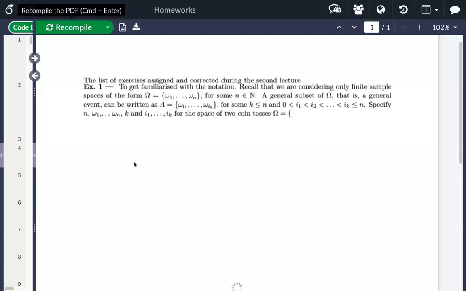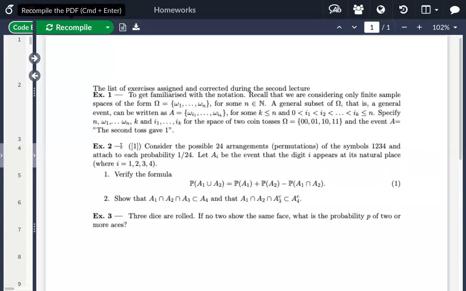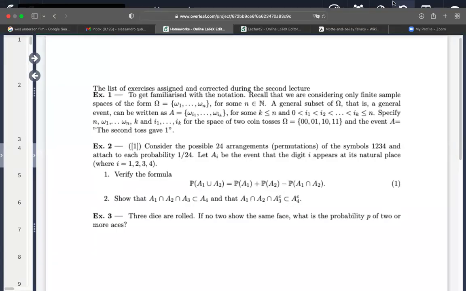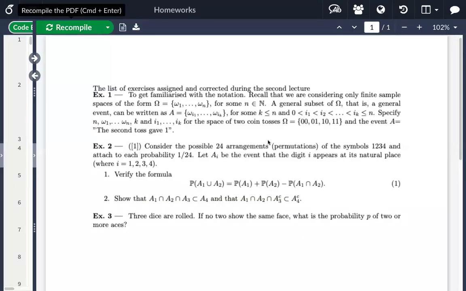Okay, now let's do this exercise, which is exercise number 2. I will put it later on the chat. Maybe 15 minutes is the right amount of time to do this exercise.